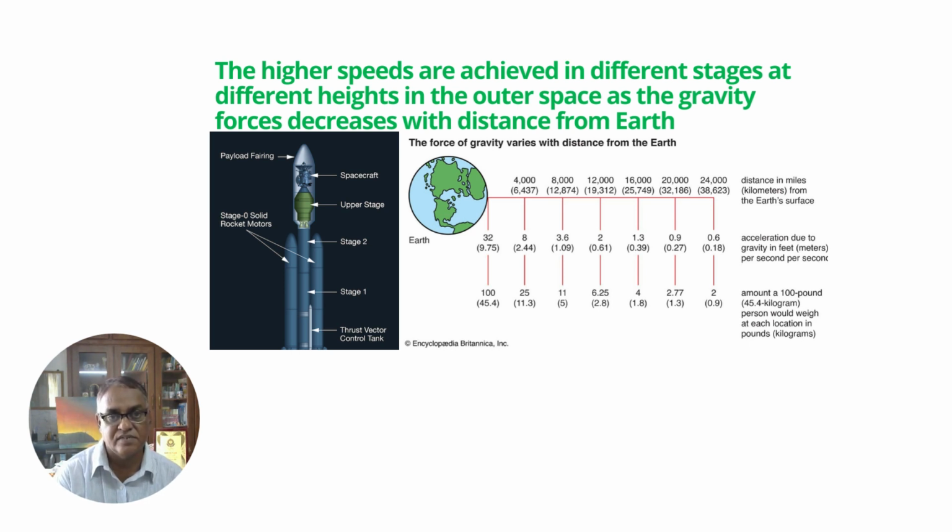You can see that from the distance of the Earth, the gravity gradually decreases up to 24,000 kilometers distance, and how the weight of a person will decrease with the increase of the height as we go into space.